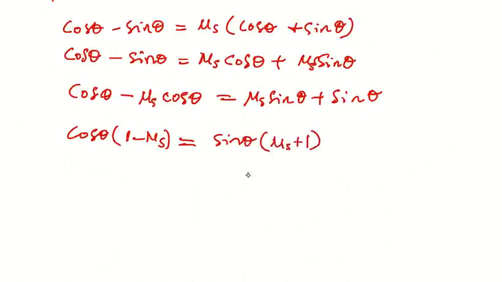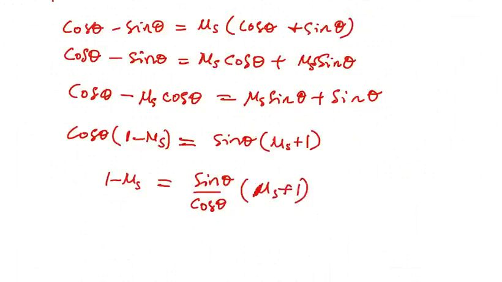We divide both sides by cos theta, and we have 1 minus mu s is equal to sin theta over cos theta times mu s plus 1.